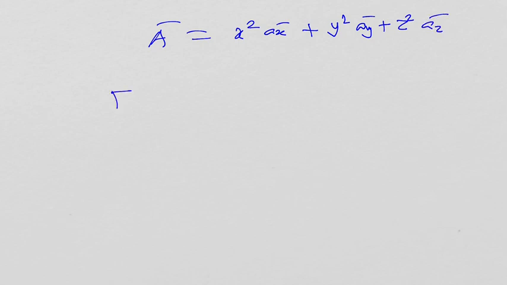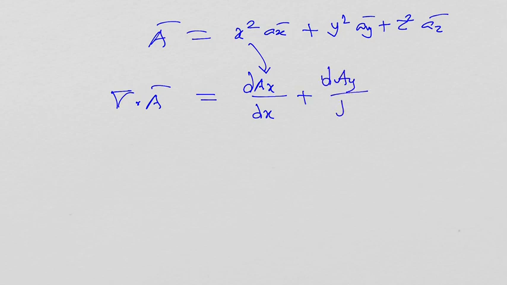You can notice that del dot A, how will you calculate divergence? You will take individual components like the coefficient of ax and differentiate it with respect to x, and the coefficient of ay, and you will find out the derivative of that component with respect to y, and similarly dou by dou z of, for example, z square.